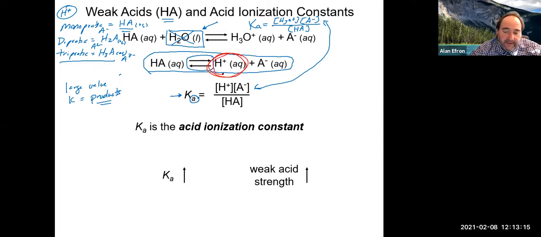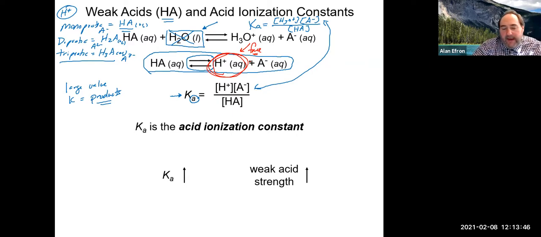And that's really what makes something an acid, is the free H plus, right? So the presence of free H plus is what makes something acidic. And it's also the presence of free OH minus that makes something basic. So if we have a larger, higher Ka value, that means, again, it is a stronger weak acid in comparison to another weak acid. Any questions on that?